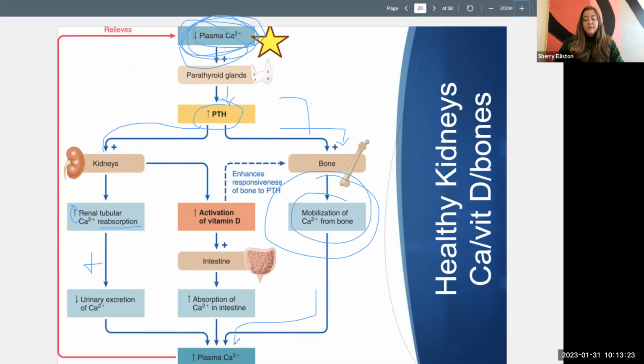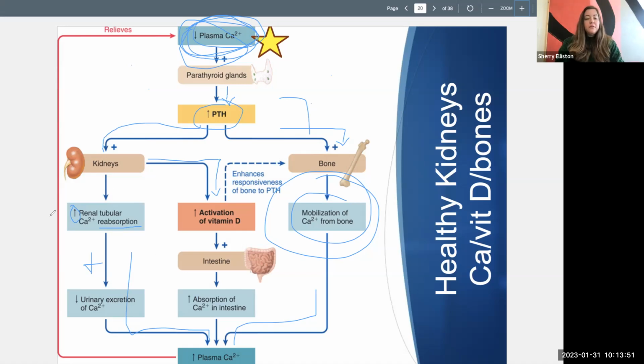Those two things, the goal of it is to then increase plasma calcium. The kidneys also, that's 1 and 2, here's 3. The kidneys also increase the activation of vitamin D. And what happens there is that in the intestines, there's an increased absorption of calcium.